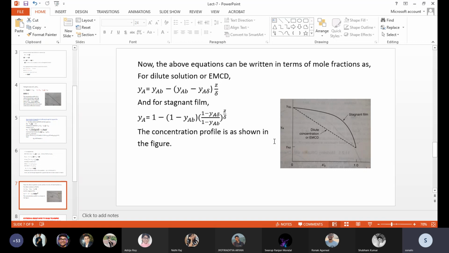Instead of Y_A you can write C_A also; similarly you will get this. This is dilute solution or EMCD, a straight line with a negative slope as shown previously. And for stagnant film, it is a curved line. So this is the concentration profile for different types of diffusion.